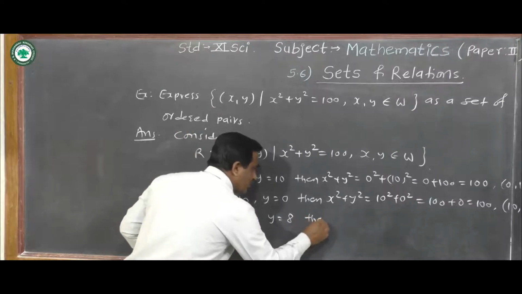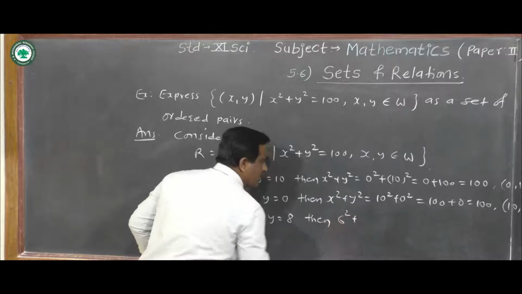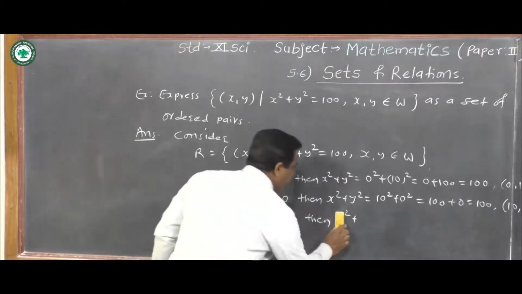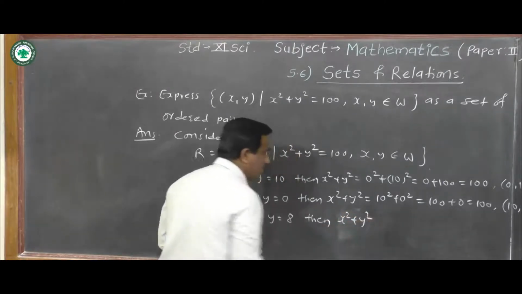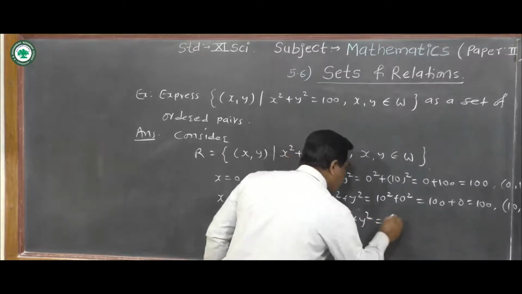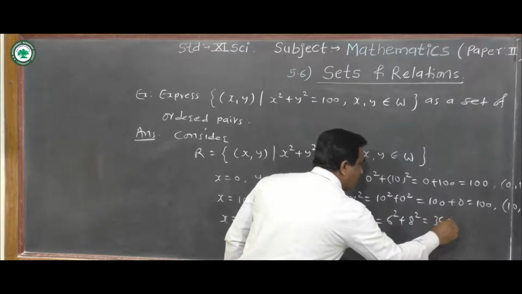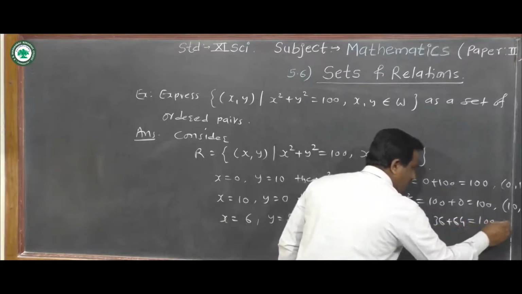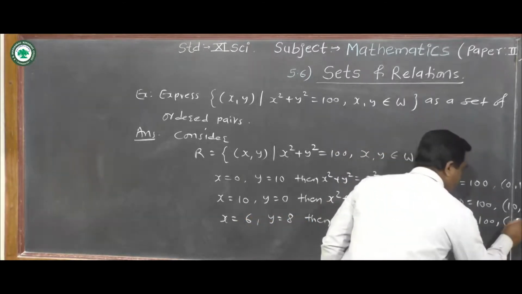Then we can verify this equation: x square plus y square is equal to 6 square plus 8 square, that is 36 plus 64, which is again 100. We get the third ordered pair, x equal to 6 and y equal to 8, that is 6, 8.